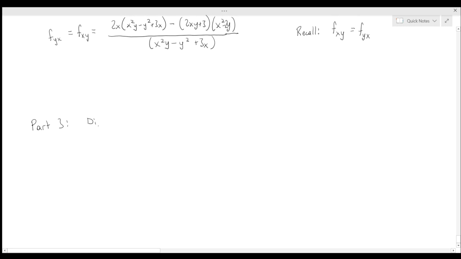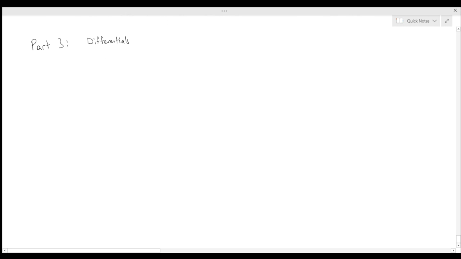So part 3 was going over differentials a bit. And you might notice at the end when you're looking at the answers and the solutions, that for part 3, I kind of sketched a solution for the problem as opposed to just giving the answer.